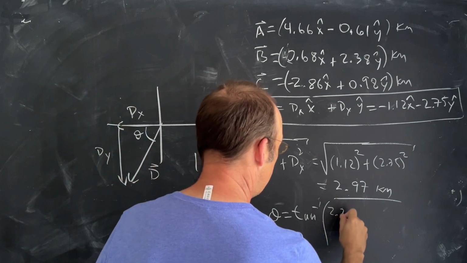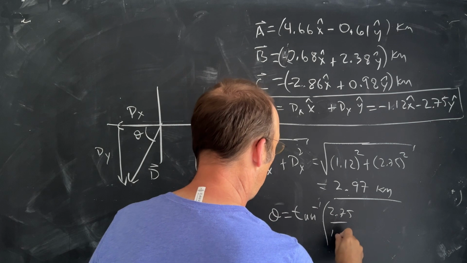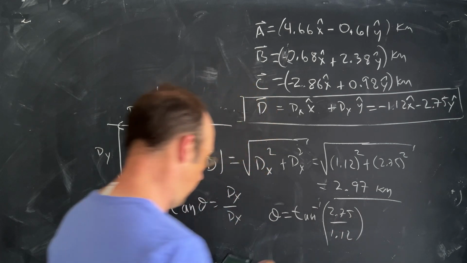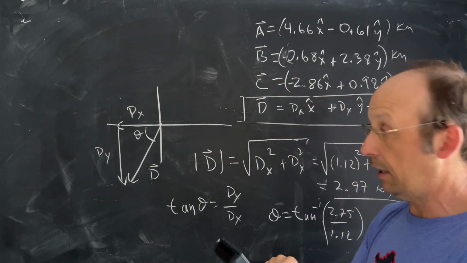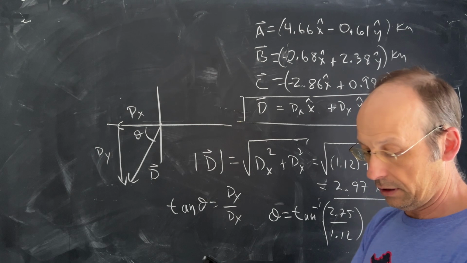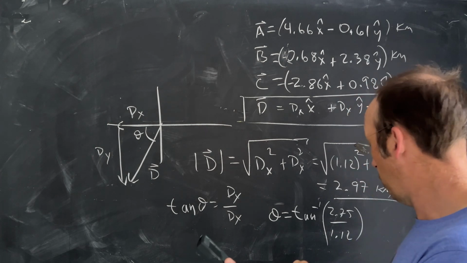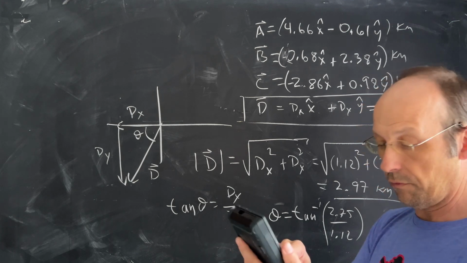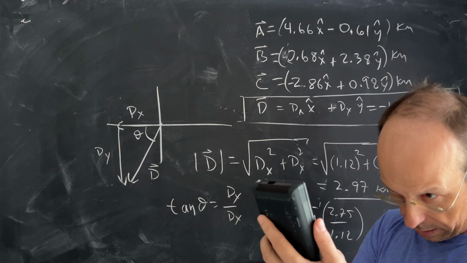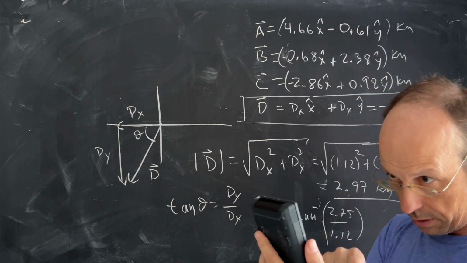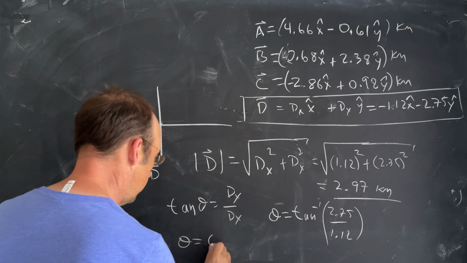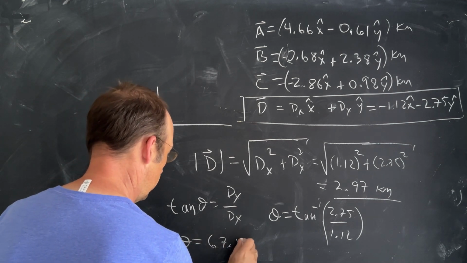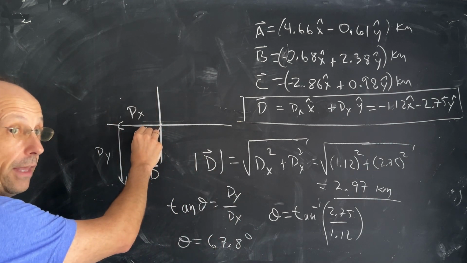So it's 2.75 divided by 1.12. And if I put that in my calculator, make sure your calculator's in degrees and not radians. So I'm going to say 2.75 divided by 1.12, and then inverse tangent. I get 67.8. So that's that angle right there.